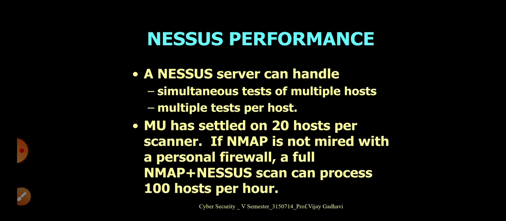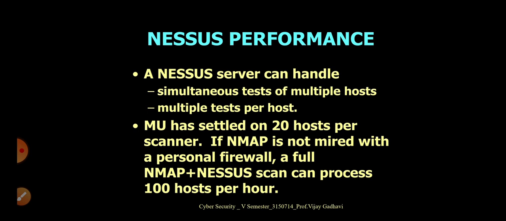A Nessus server can handle simultaneous tests of multiple hosts, and multiple tests per host. It can also test a host repeatedly. MU has settled on 20 hosts per scanner.